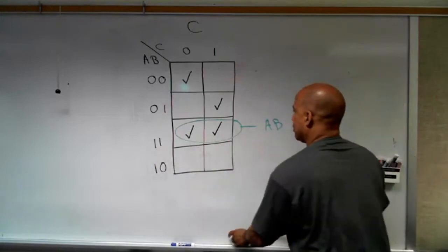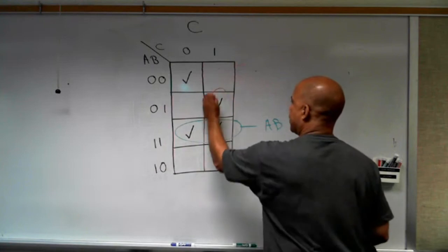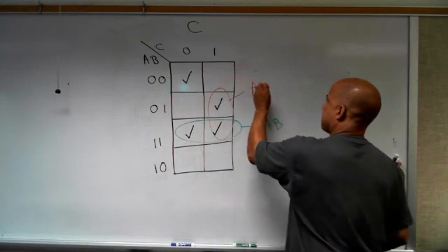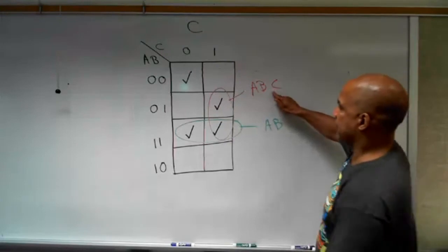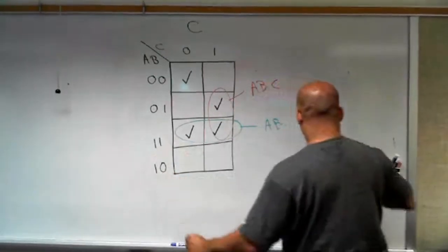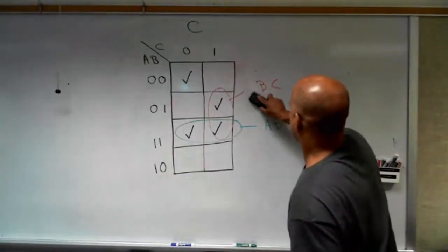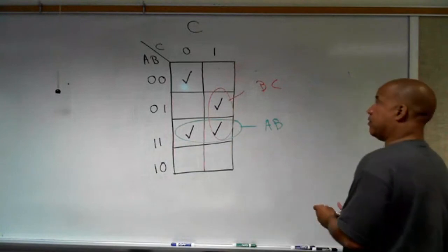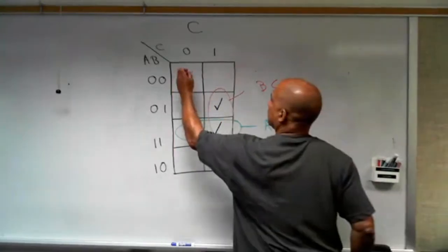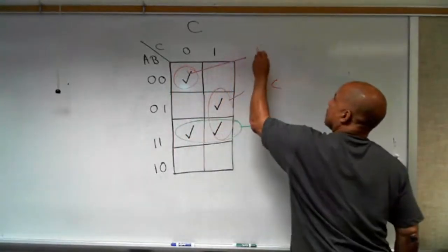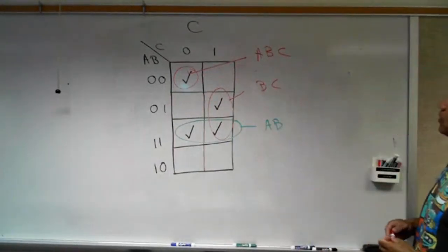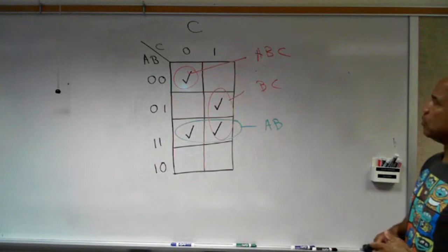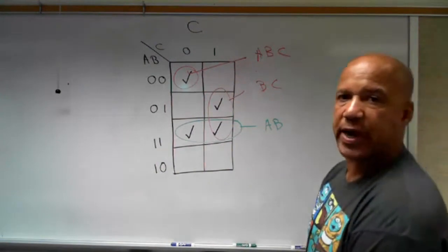You got a group that you can share that one. C is going to stay at 1. A changes state, so A is out of there. And then you got the group of 1 by itself, this one. And so that is the expressions for that. Of course, you put them together into an equation. So that one wasn't too bad.